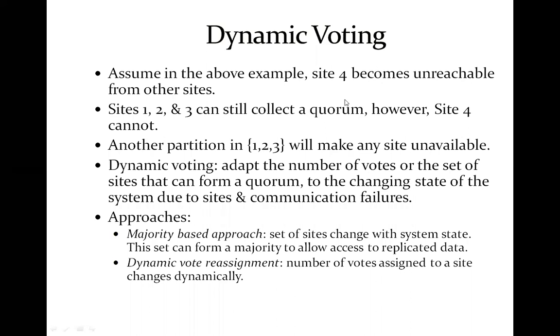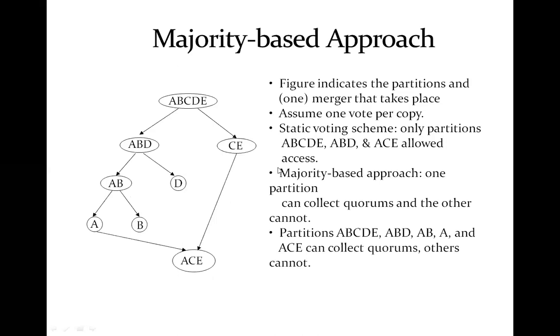The set of sites that can form a majority are those that were updated when the most recent update was performed. That is why we frame the set of sites in which the most recent update has been performed. For that purpose, a partition graph is used to represent the history of the network failures, partitions, as well as recovery.